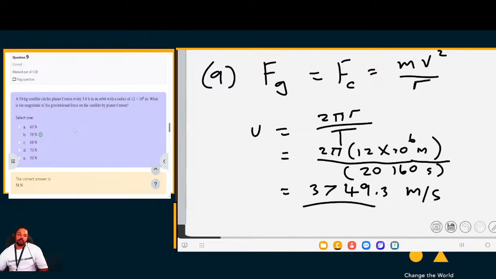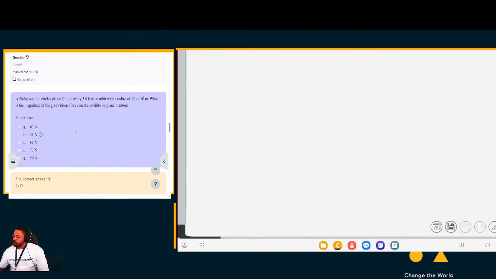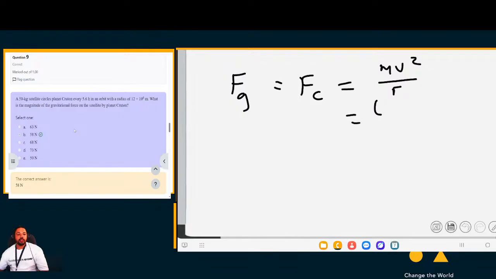But they are not asking for velocity, they are asking for the force on this satellite. So the force is equal to the centripetal force, which is mass times velocity squared over the radius. The mass of the satellite is 50 kilograms.